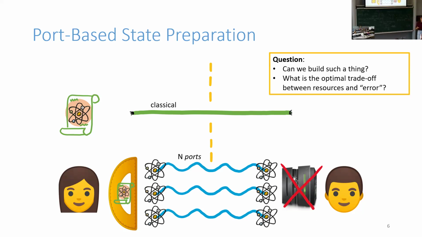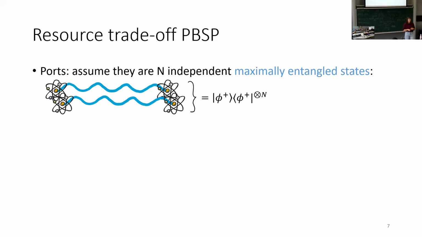First question is, can we build such a thing? And if we build such a thing, what's the relation between these resources? We can build such a thing very simply. For simplicity, we just assume that the shared resources are independent maximally entangled states. Very simple scenario.